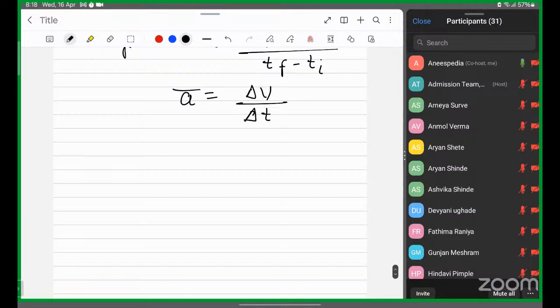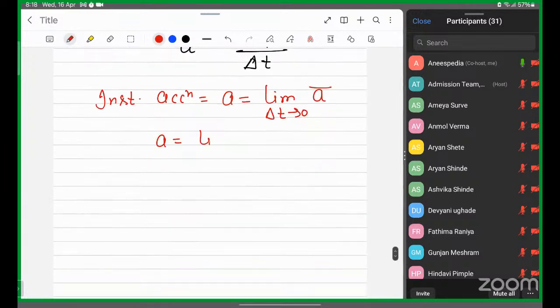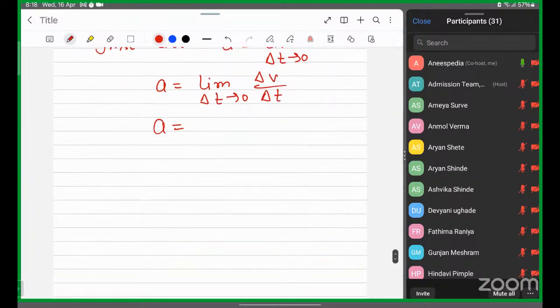This is average acceleration. And instantaneous acceleration can be given by a, which will be the limit delta t tending to 0 of a bar. So acceleration a will be limit delta t tending to 0 of delta v by delta t, in which case we have acceleration a as dv by dt.